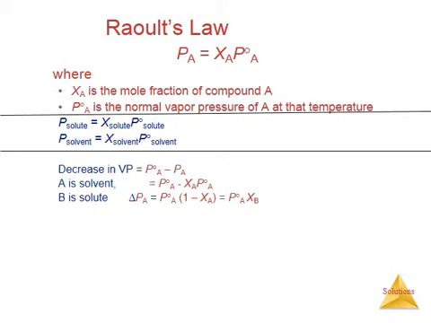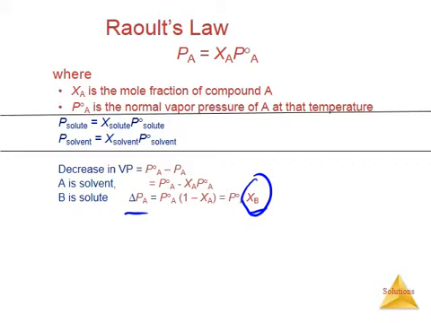Now this expression, Raoult's law, shows you the relationship between the solute concentration and the change in vapor pressure. XB is the mole fraction of solute. Here B is the solute and A is the solvent.